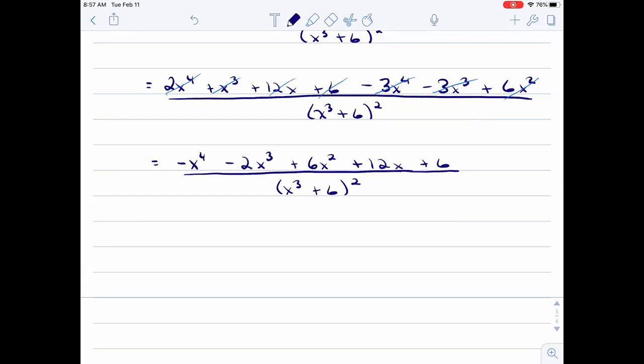Usually we can just leave it. Unless, if we could factor an x to the 3 plus 6 out of that top, yeah, absolutely, go ahead and do that. I don't see it, though. So I'm just going to leave it.